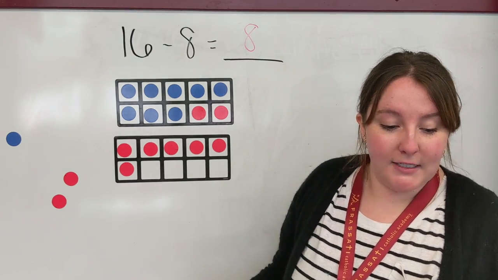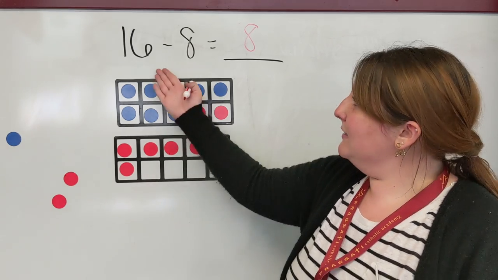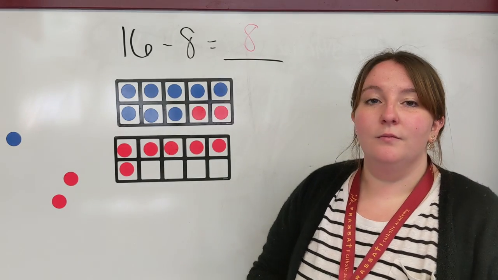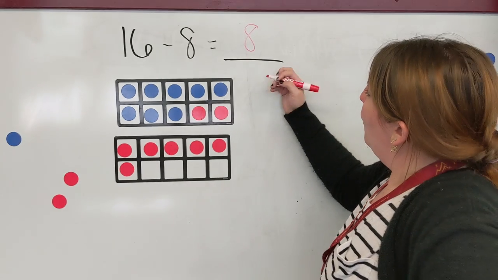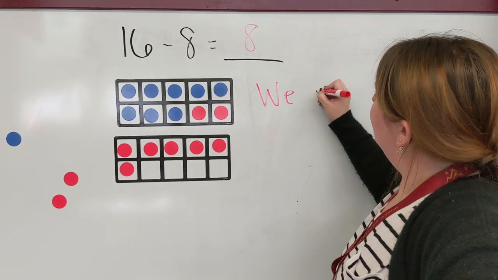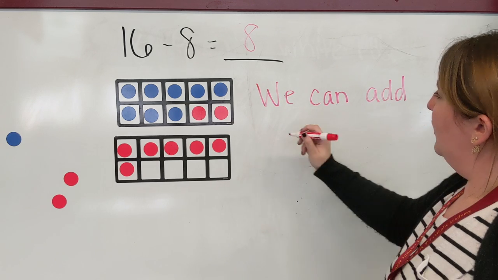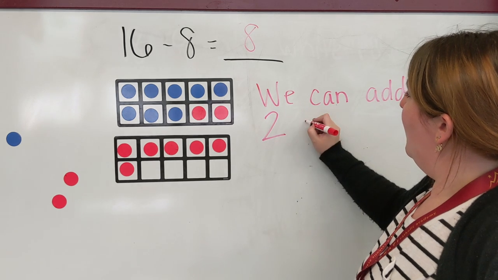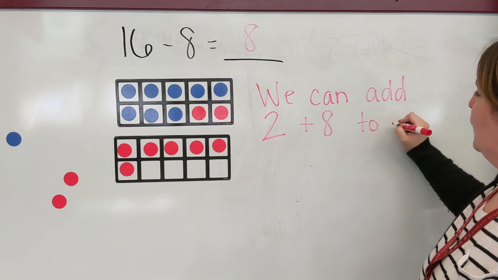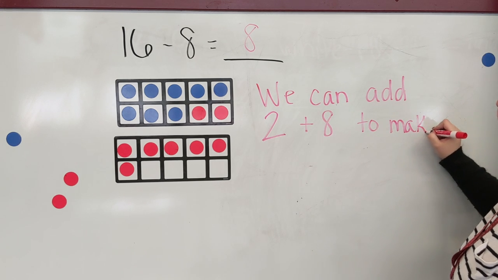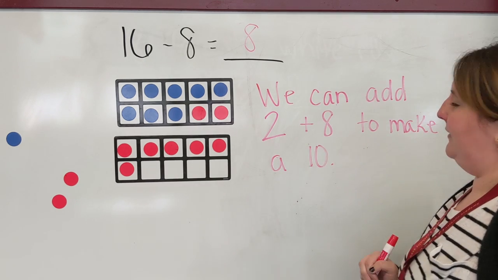But they want us to explain how we can make a 10 to subtract 16 minus 8. So we can say we can add 2 plus 8 to make a 10.